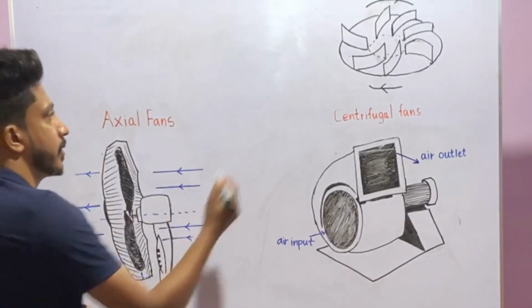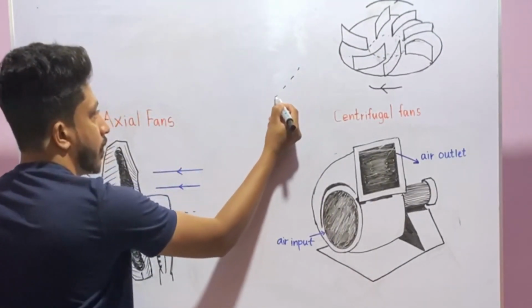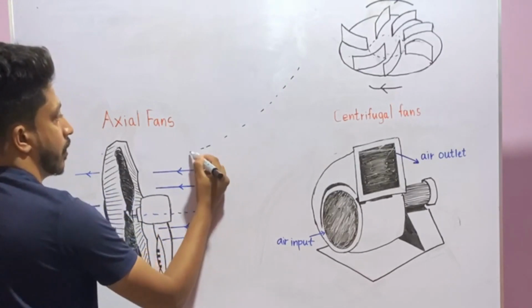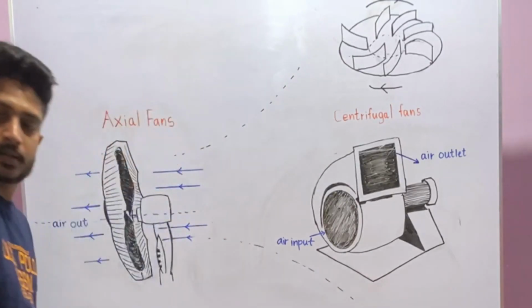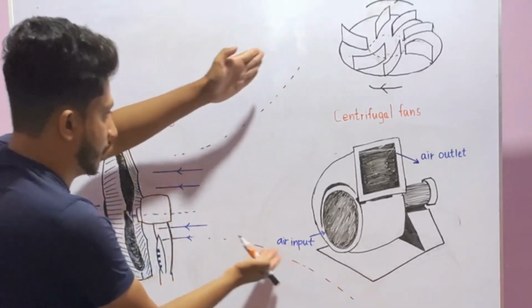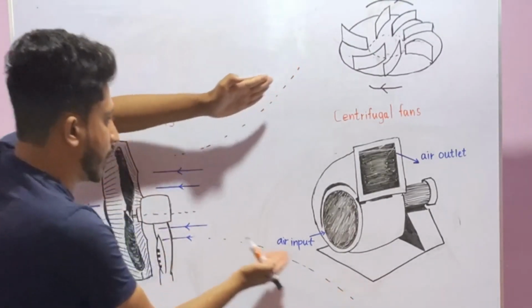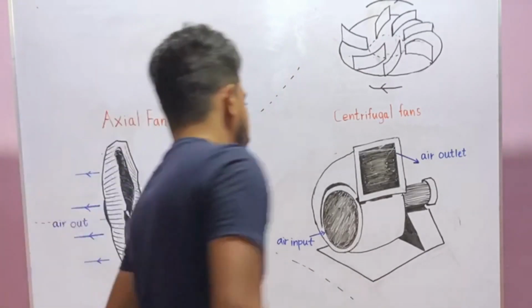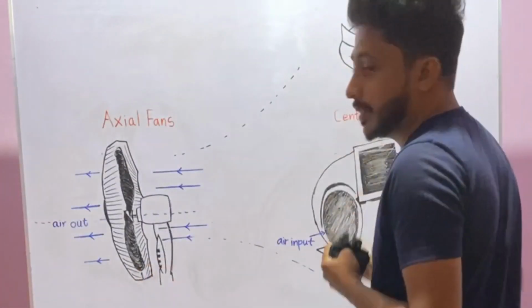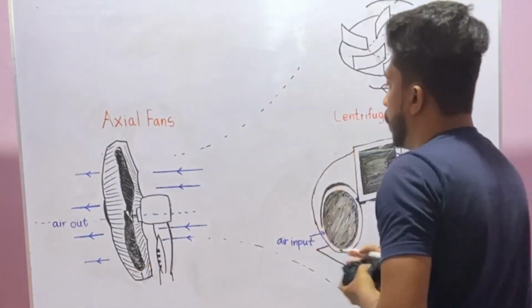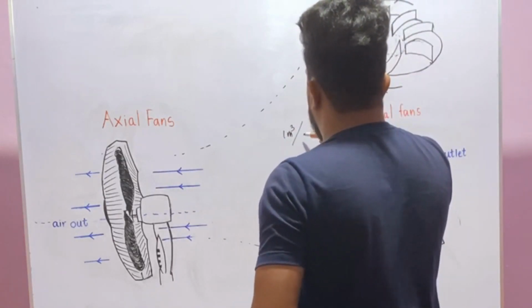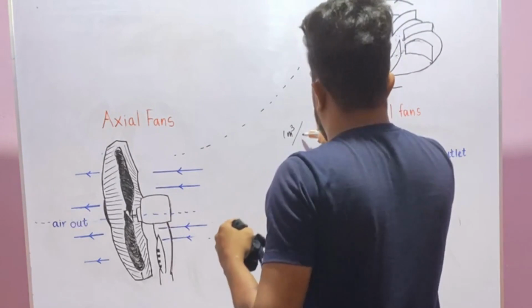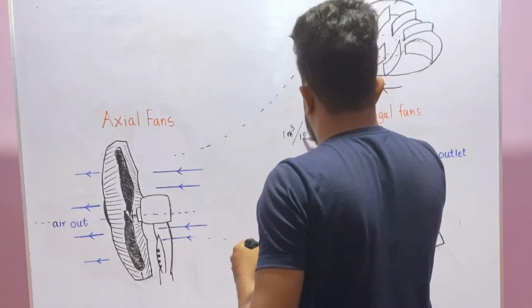So air is obtained along a path like this. Air is sucked like this. Let's say here they have 1 meter cube flow per 1 second.